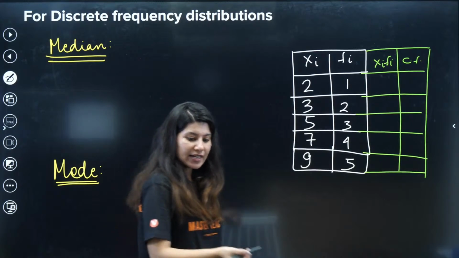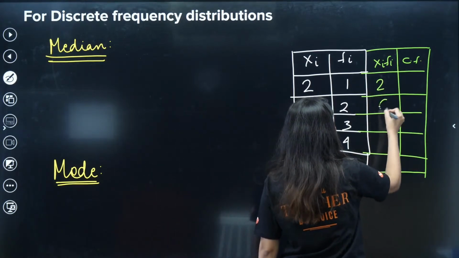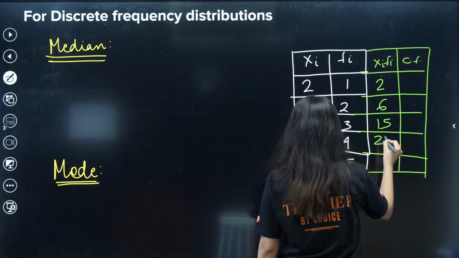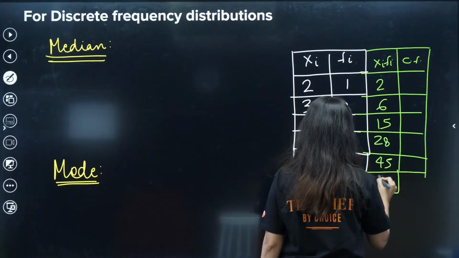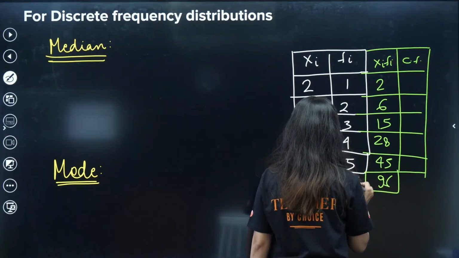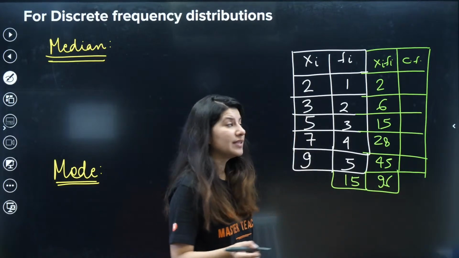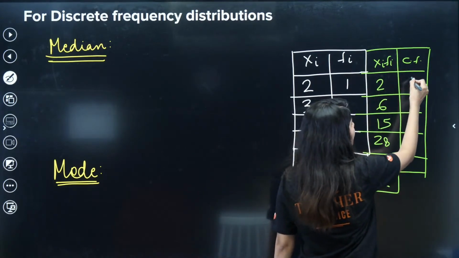What would be xi fi? Again the same: 2, 6, 15, 28 and 45. The sum would be 96, and this would be 15. What about cumulative frequency? 1 will be carried over here.